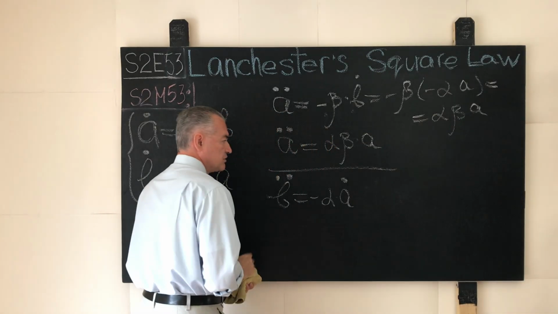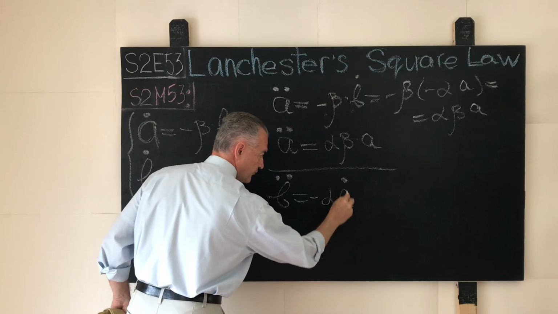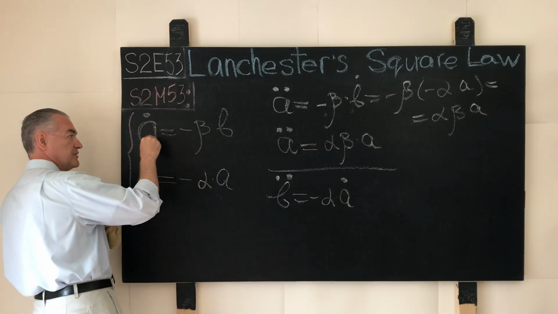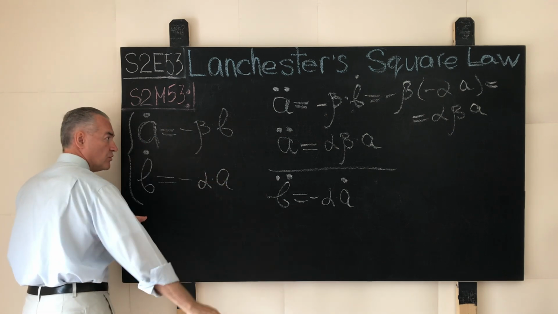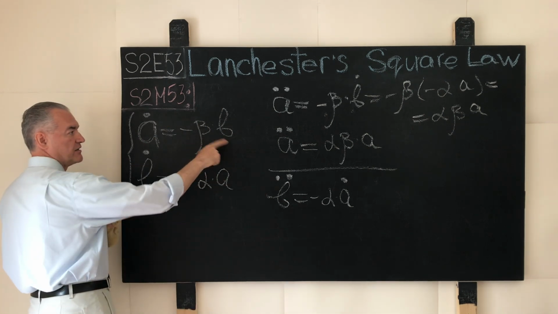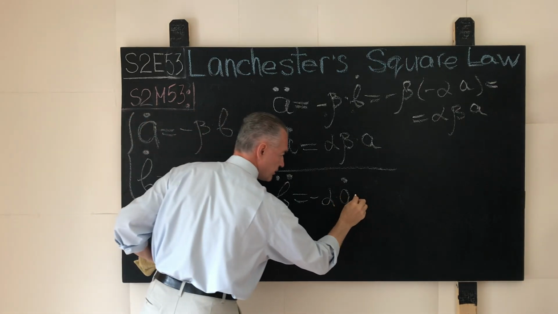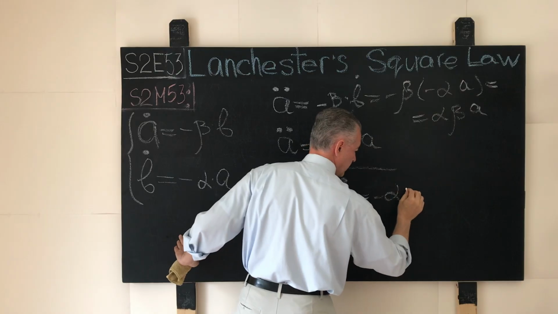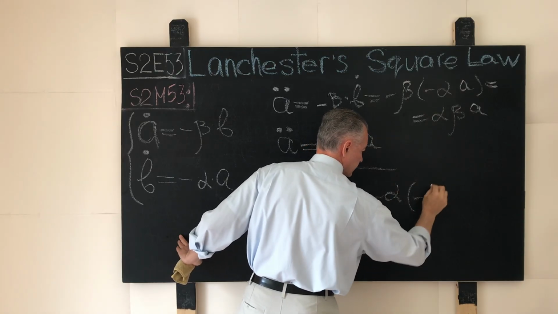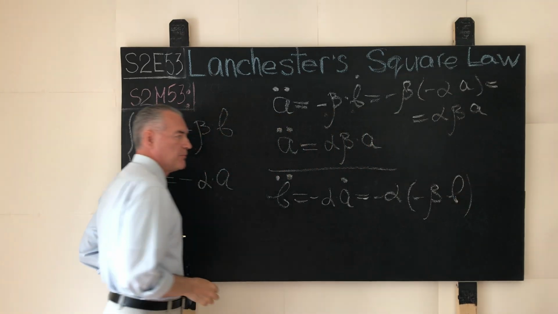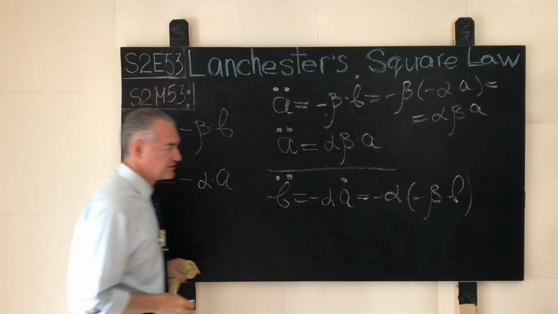It's gone. So now once we have a dot, first derivative of a, what do? Because this is a system, we come back to the system, stick our hand in there, look around, yank this guy out, take the right-hand side image of the first derivative of a, put it in here, and what do we have? Minus alpha times minus beta b. Minus 1 times minus 1 becomes positive 1.